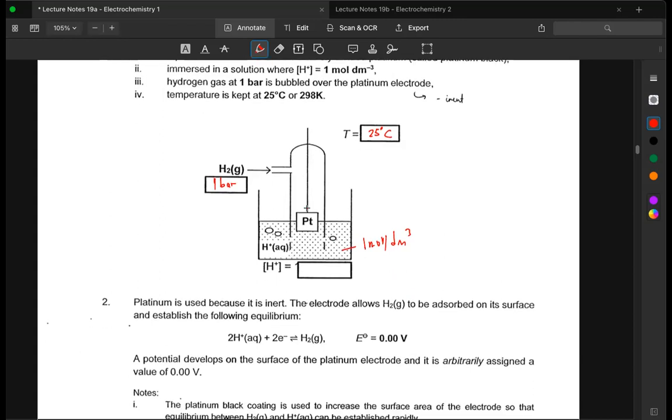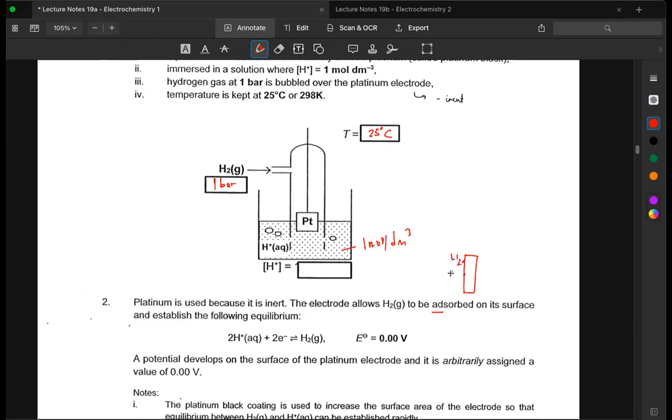So the electrode itself will allow the hydrogen to be adsorbed. Adsorbed, not absorbed, meaning it is only sticking on the surface. Not going into the electrode. Okay. Very, very clear about that.